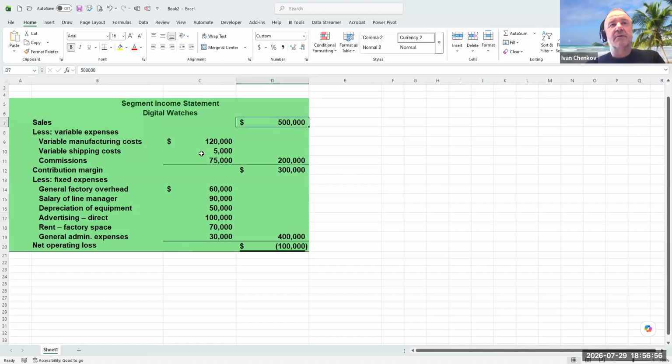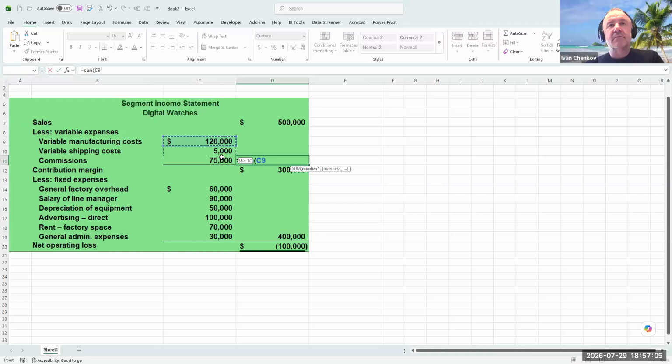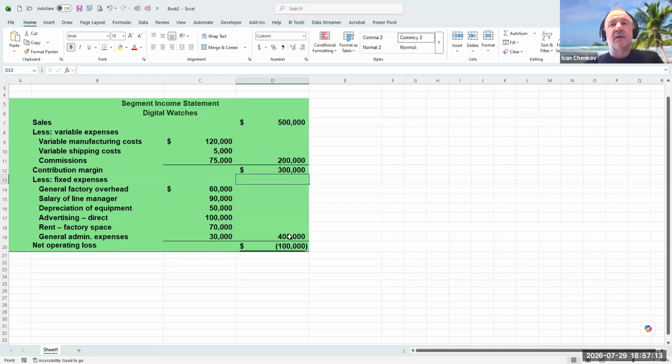The sales are $500,000. Then we have the variable costs, of all those three costs, $200,000. Now contribution margin is 500 minus 200, that's $300,000.